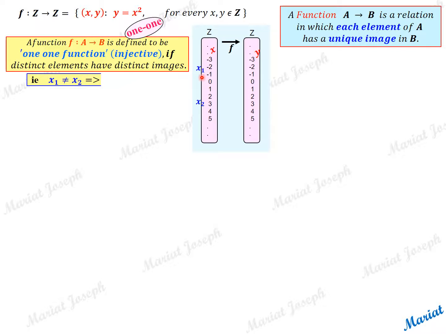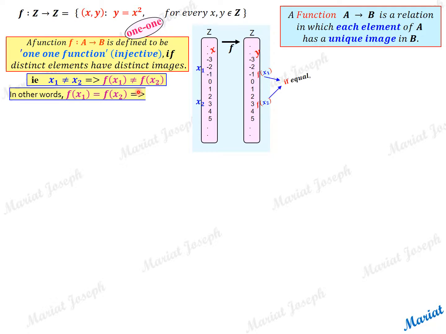That is, if x1 and x2 are two distinct elements of the domain, that should imply that the images of x1 and x2, that is f of x1 and f of x2, should also be distinct, unequal. In other words, in case the images are equal, then it should imply that the pre-images x1 and x2 should also be equal. This is the definition of one-one function.